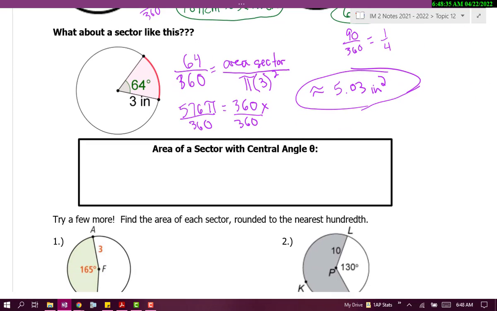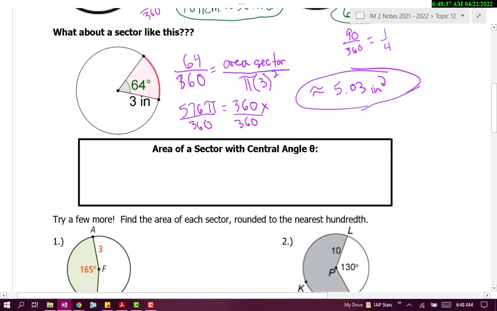So area of a sector with central angle theta. There's 2 ways we can write this formula. One as a proportion: theta over 360 equals the area of the sector over the area of the circle, so pi r squared.